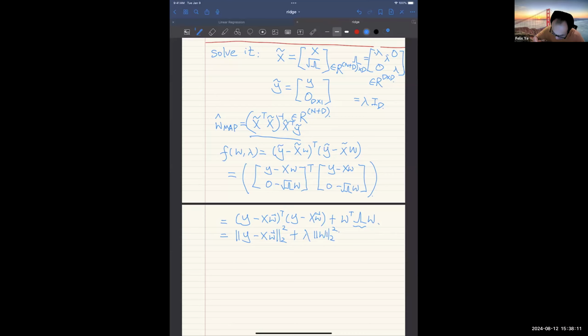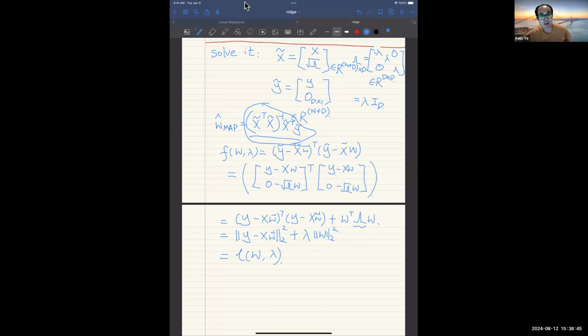So this is precisely equal to our loss function here. That means these two are equivalent. This just shows the loss function for the virtual data is equivalent to the loss function of ridge regression. So that's why this solution right here gives the solution for ridge regression.